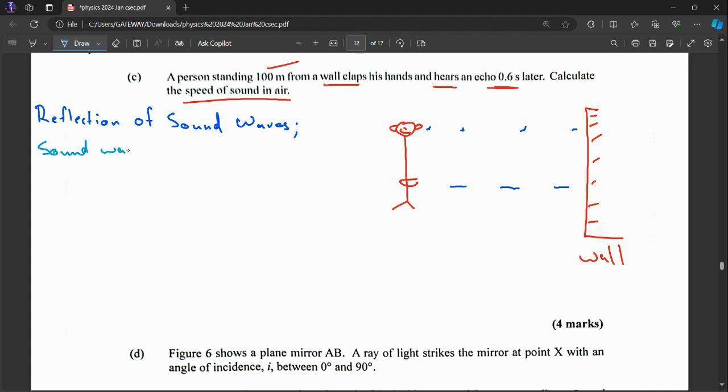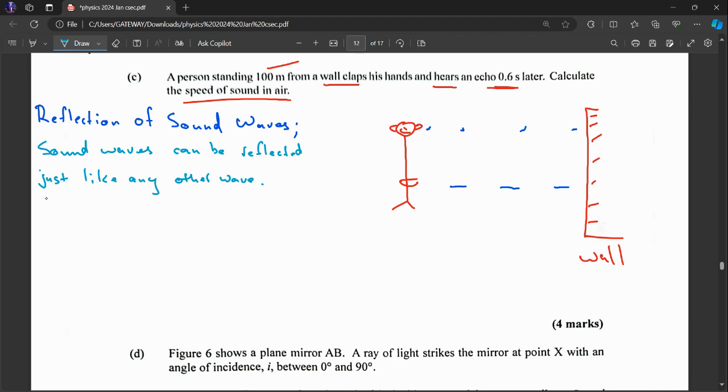Sound waves can be reflected just like any other wave.